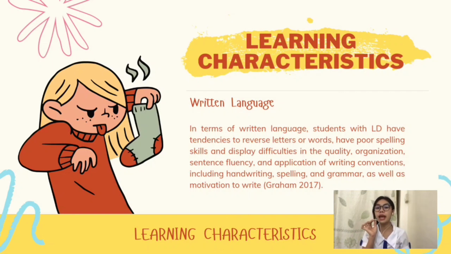So next, in terms of written language, students with LD have tendencies to reverse letters or words, have poor spelling skills, and display difficulties in the quality, organization, sentence fluency, and application of writing conventions, including handwriting, spelling, and grammar, as well as motivation to write, according to Graham in 2017. So we can see that every child is special.